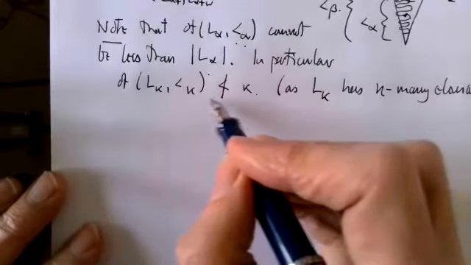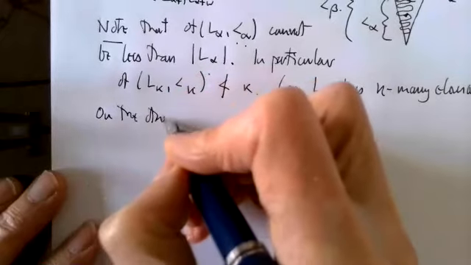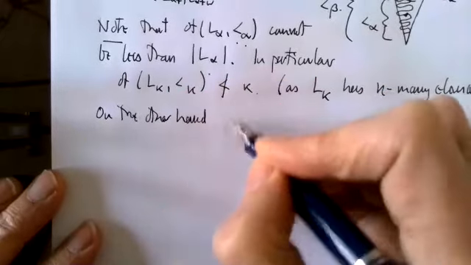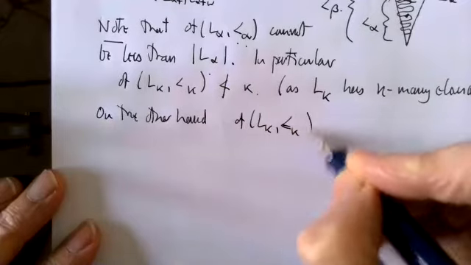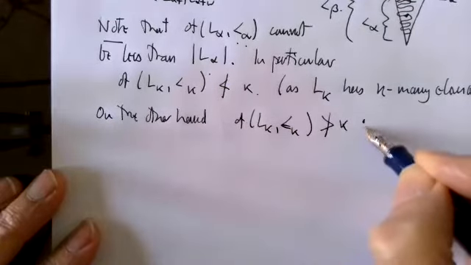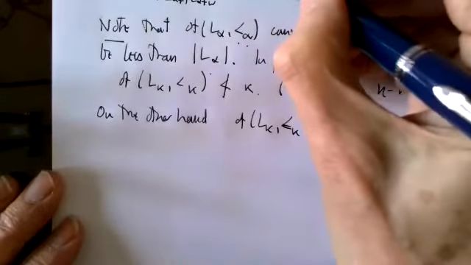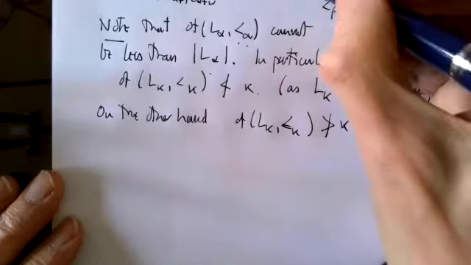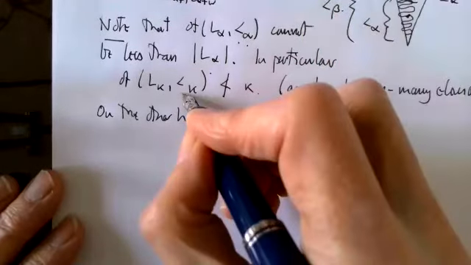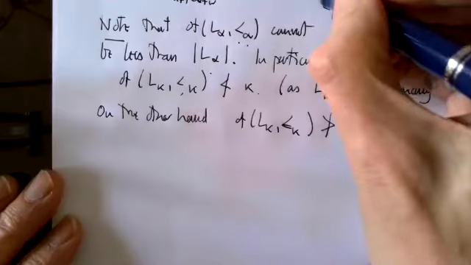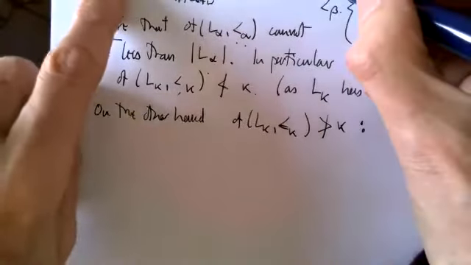On the other hand, we'll show that it's not bigger than kappa. The order type of L kappa here is not bigger than kappa. Suppose this were larger than kappa, and in this ordering there were some objects that were placed beyond the length kappa when I unraveled the snake up here.